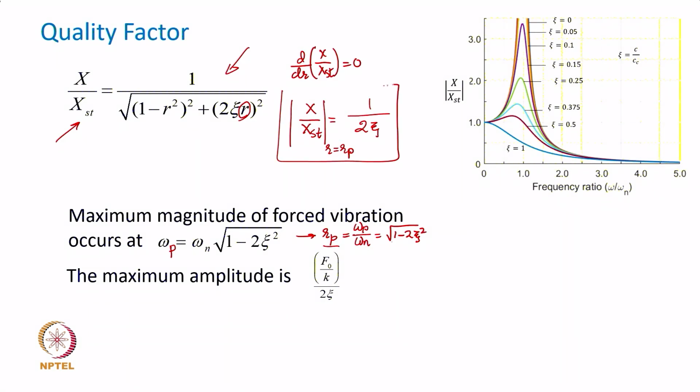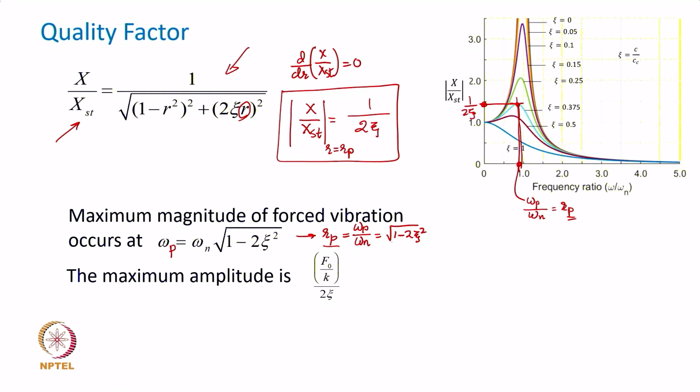The relationship tells us that x over xst at r equal to rp is equal to 1 by 2 zeta, which means that given a particular damping value, the omega p is this, and if you use that omega p and the ratio with natural frequency, this is basically your rp, then at that rp value the amplitude is given by 1 upon 2 zeta.